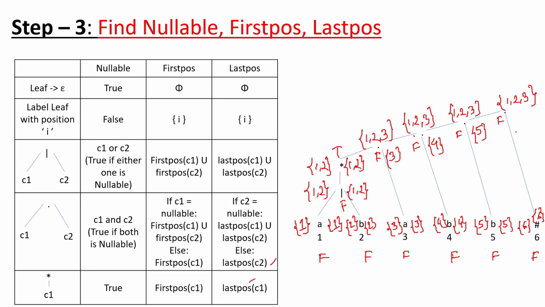And since C2 is also not nullable, the last pass of C2 is 6. And thus I found the nullable, first pass and last pass of each node.